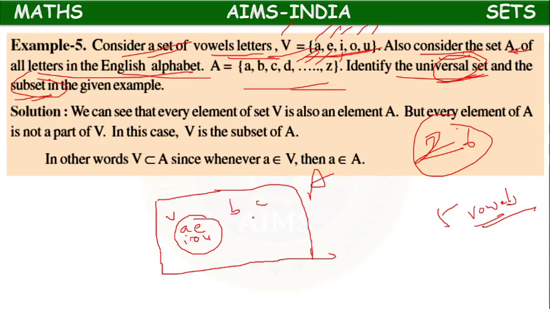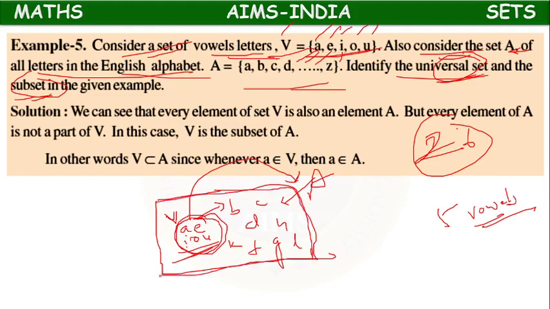Outside V, B, C, D, F, G, H, K, L, all will be present, but inside A. So what can we call? Every element of V is also present in A, because A, E, I, O, U are present in the circle, and they are also present in the rectangle.